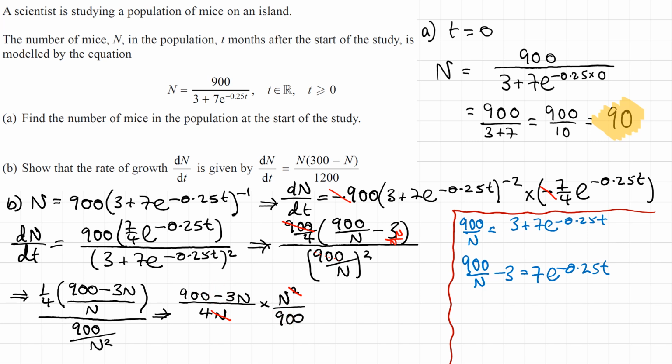So if I do that, I will end up with 300 down here, 300 here, and just n. So that will give me n times by 300 minus n all over 4 times by 300, which is 1200. So we've got the result as required.